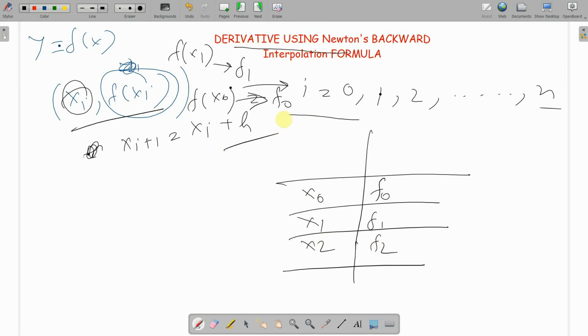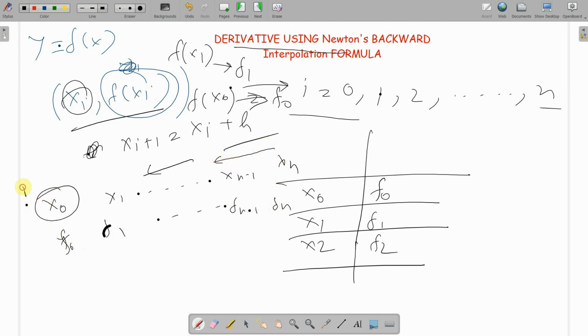The same expression and derivation apply, but one primary assumption you have to make is that you start from the backward side. So if I write the data as x0, x1, up to x(n-1), xn, the corresponding values are f0, f1, f(n-1) and fn. We'll be starting from here.